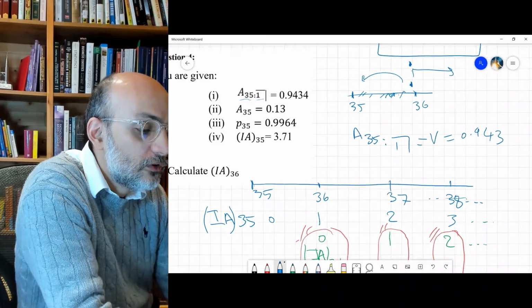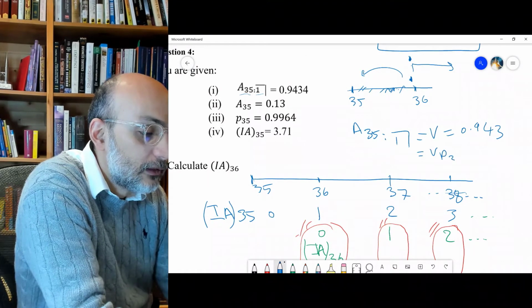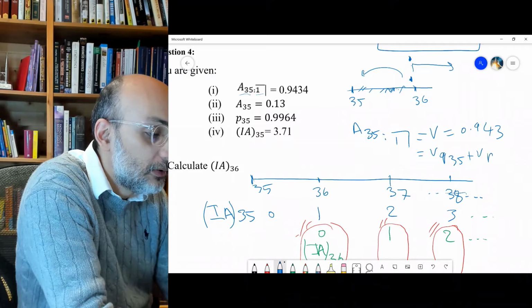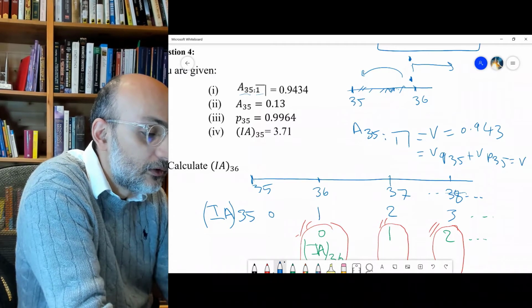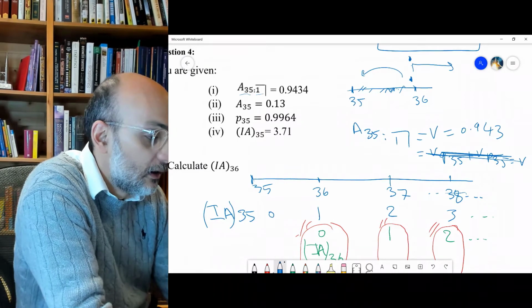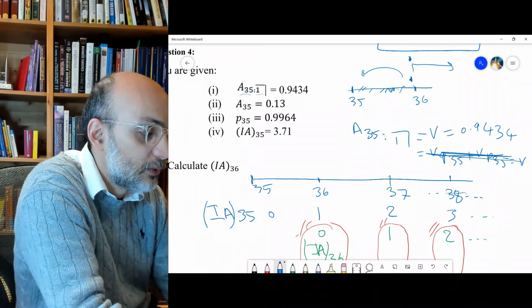But if you're not sure about it, you can always write VQ35 plus VP35. If you do the math, it will give you V, but you don't really need to do that, because it's conceptual. So we know V is what is given here.